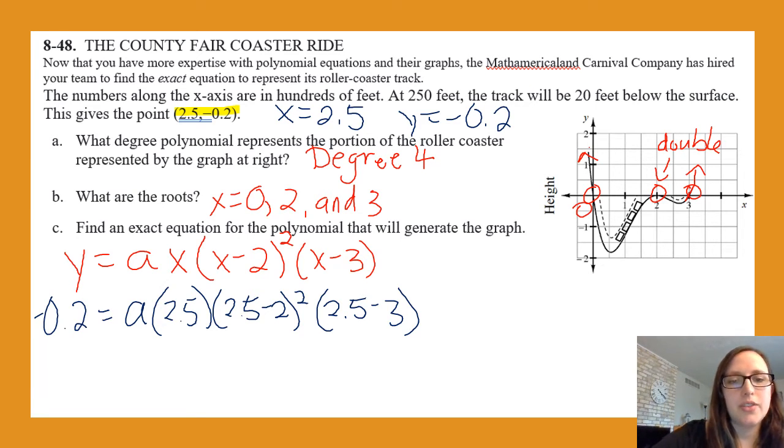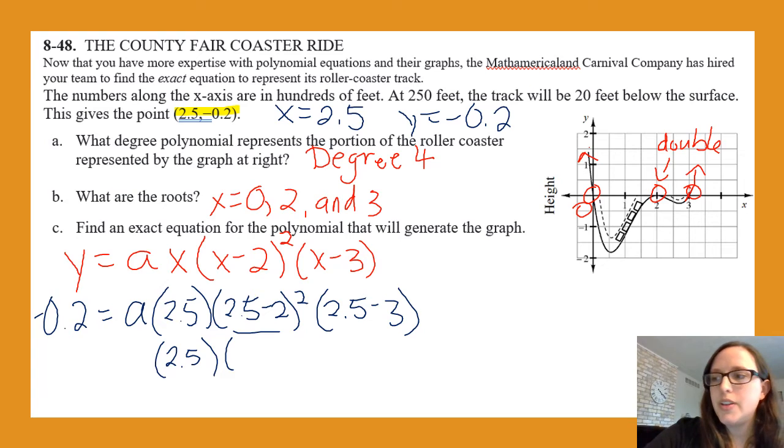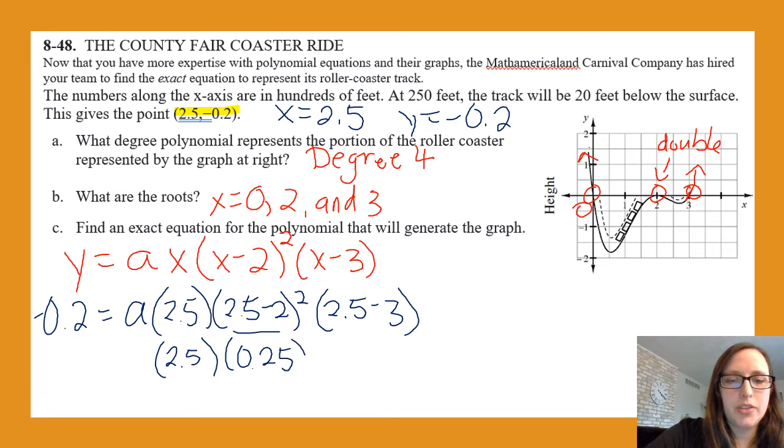All right, so after that we need to simplify our parentheses and then square that middle parenthesis. So after I do that, I would get 2.5 times 0.25 after the square and negative 0.5.